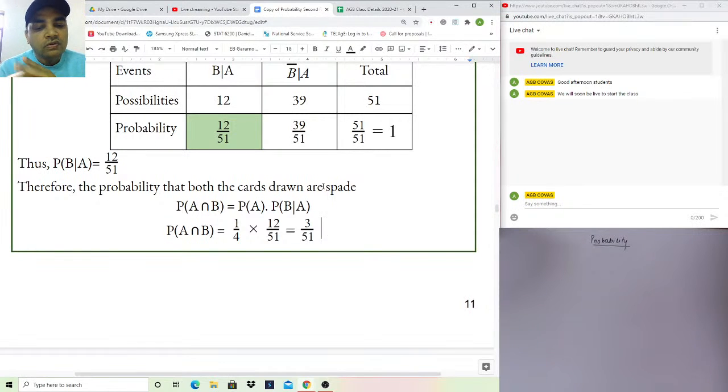This is how this formula of intersection, or the law of multiplication, solves our probability problem when it asks us the probability of occurrence of two events where the second is dependent on the first.